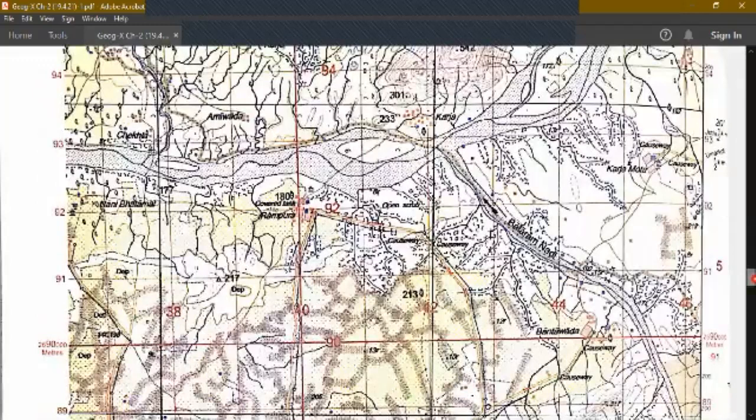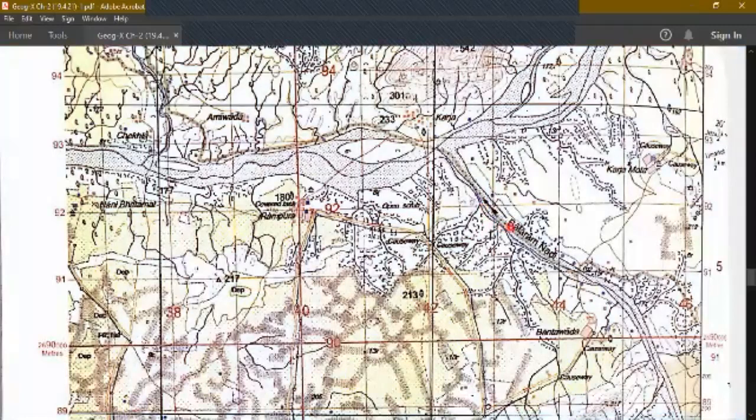The direction of Balram Nadi, as the arrow indicates, is towards the northwest. So Balram Nadi flows towards the northwest. The second question was, find the direction of the main river, and we already got it: it is moving towards the west, as the spot heights are decreasing towards the west.